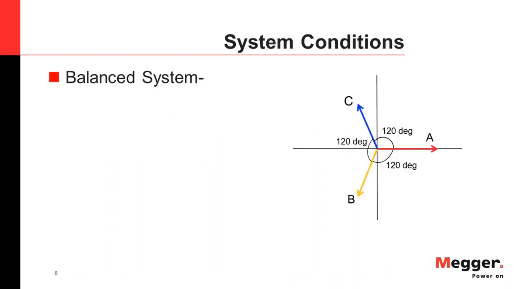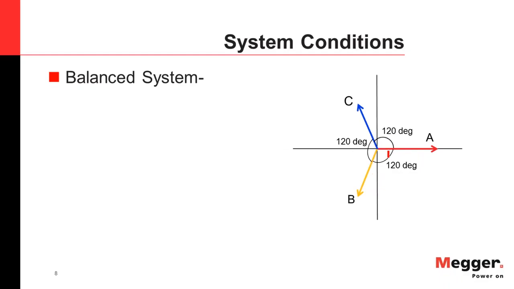Next, in order for us to understand the concept of symmetrical components, let's first know what a balanced and an unbalanced system is. I'll start with a balanced system. On the right, you can see that we have vectors. All the vectors are equal in magnitude and equal in phase angles apart. This could be a voltage vector or a current vector.